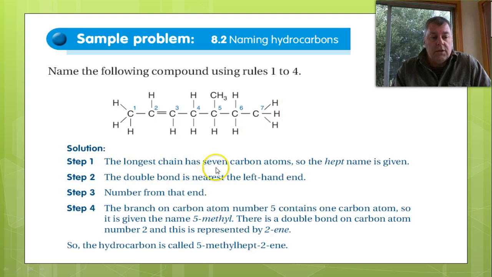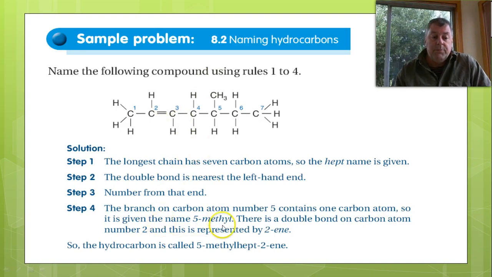So the longest chain has 7 carbons, therefore we look it up and we see that it's hept. There's a double bond, okay, so that means it's going to be an ene, and it's nearest the left hand end, so we number from that end. There's a branch of 1 carbon on number 5, so that's going to be referred to as 5-methyl, because we could have branches off other ones.